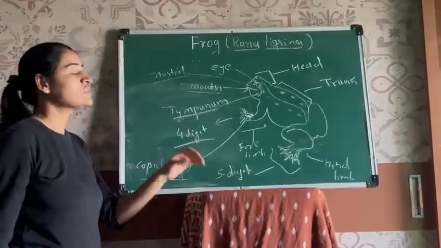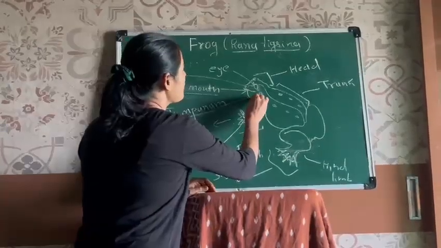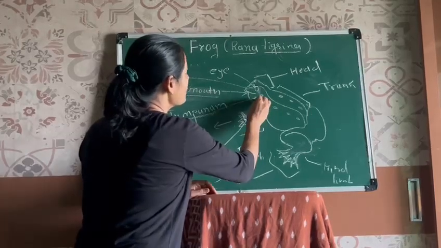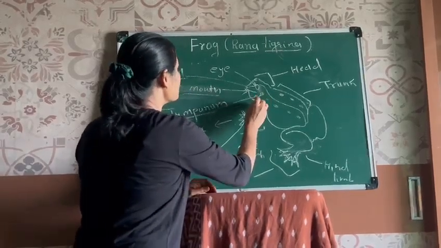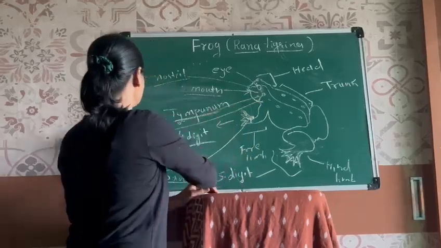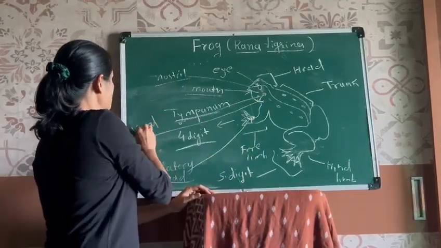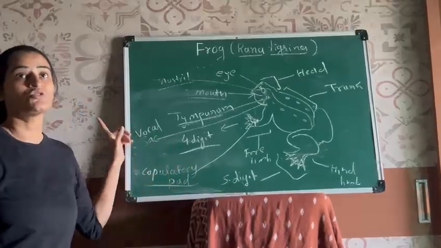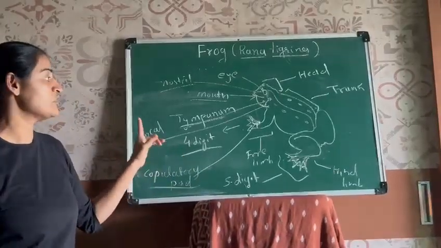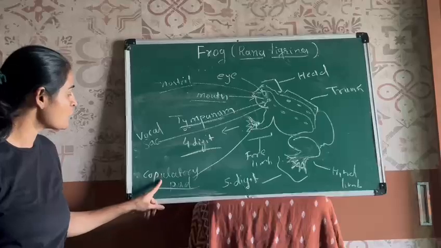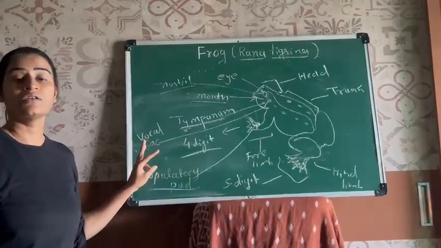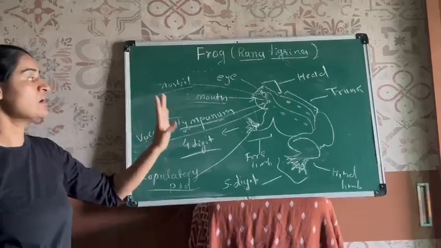Along with that, there is a structure present in this region, called the vocal sac. The vocal sac is also only present in the male frog. So the vocal sac and copulatory pad both represent the sexual dimorphism in the frog.